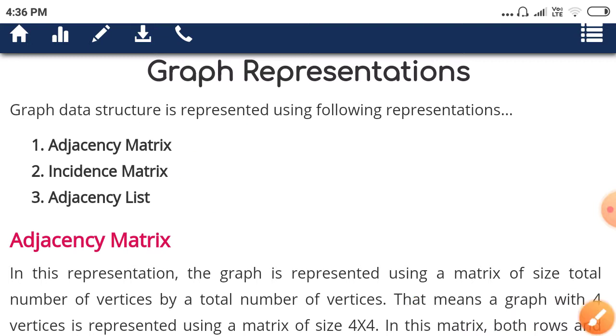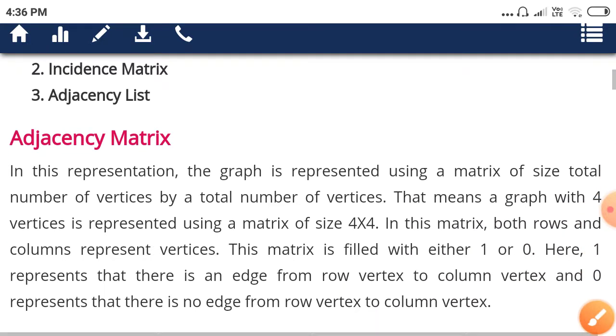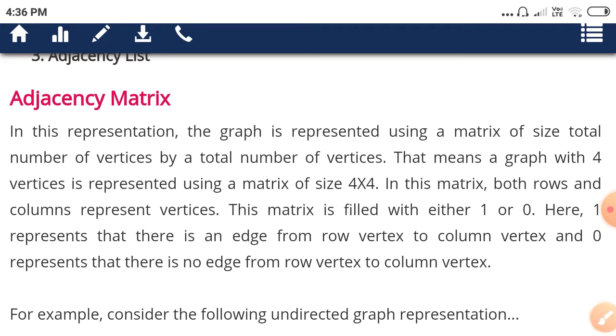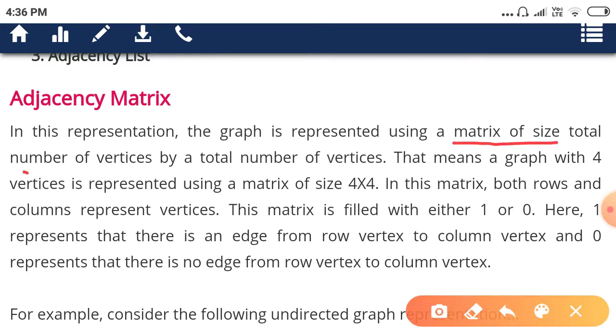Adjacency matrix: in this representation, the graph is represented using a matrix of size total number of vertices by total number of vertices, V by V.